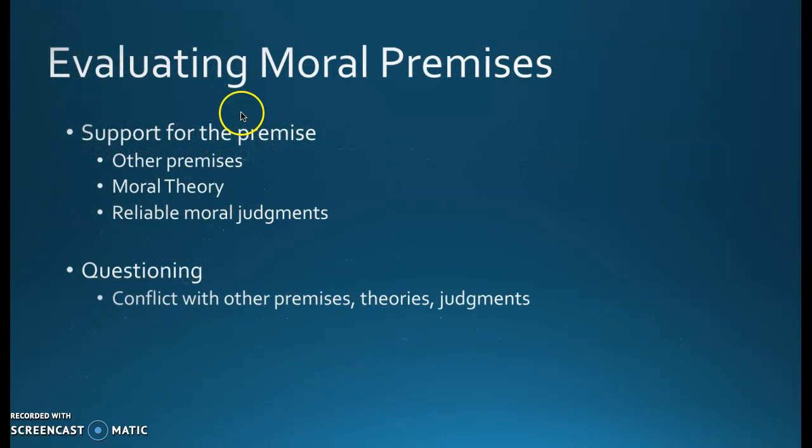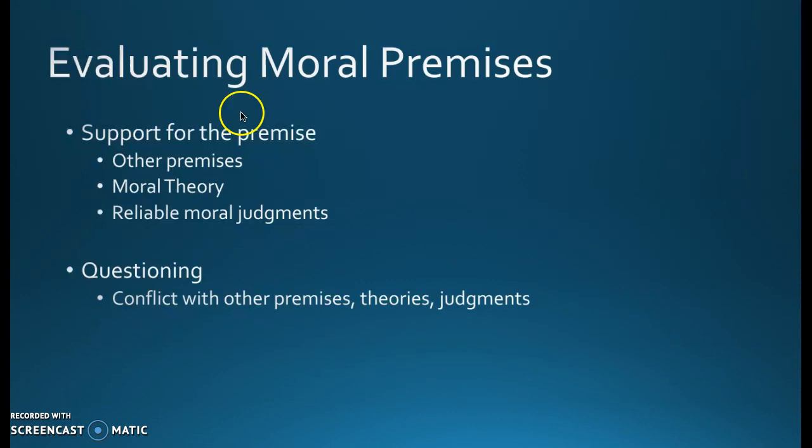Now, obviously, most of our work is going to be evaluating moral arguments, and that means evaluating moral premises. So how do we do this? Well, a moral premise might get support from a different premise. Other premises might support the primary premise of your moral argument.